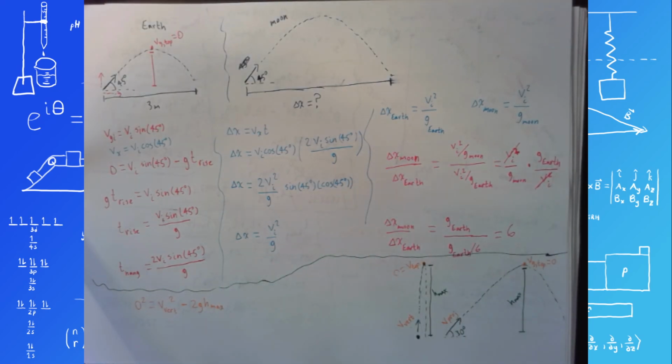And I'm going to solve this for h max because what I want to do is write another equation for the projectile and solve that for h max, and then I'm going to set the two equal to each other.